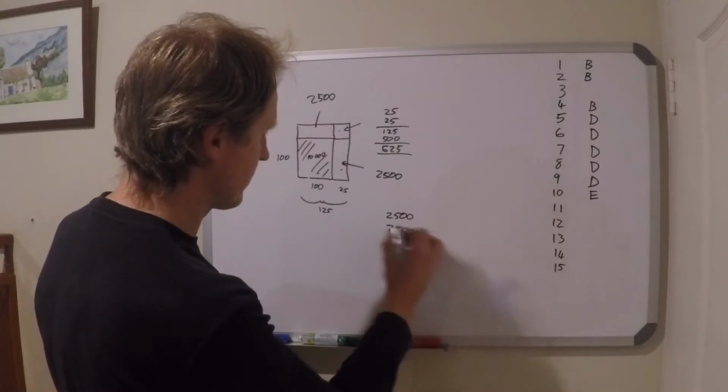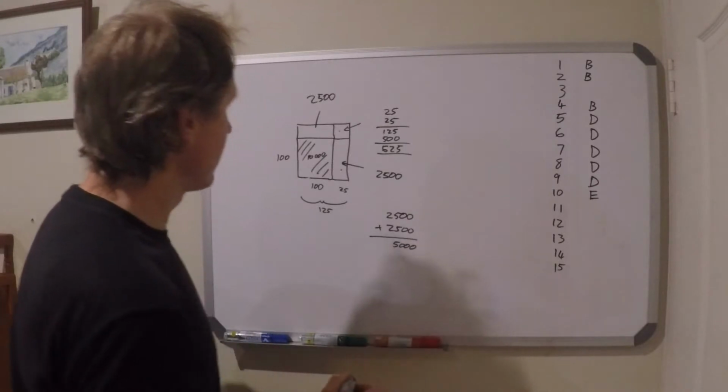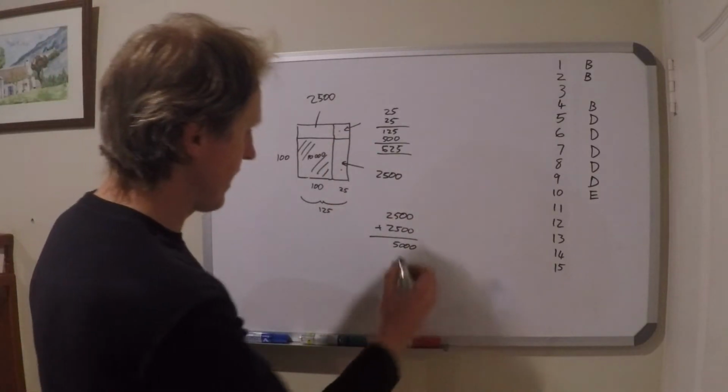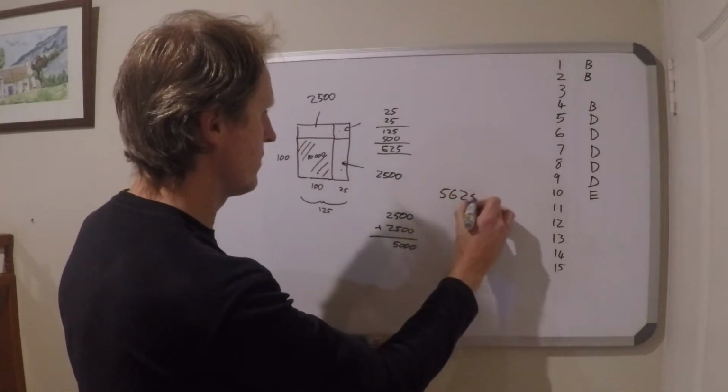That equals 5,000, plus 625, so that's 5,625.